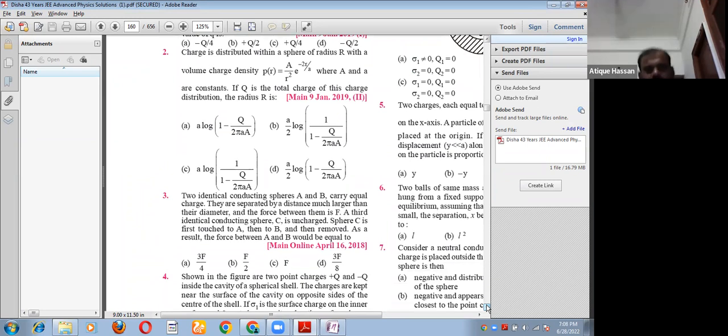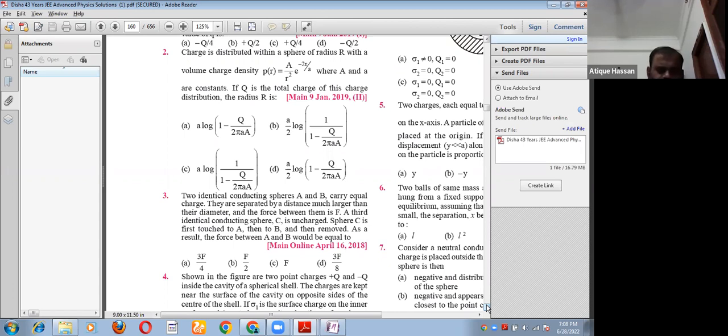Whenever integration or differentiation is used, I will explain it so that you do not forget it. It is not much tough. Math students are going to study it already in 12th class, so it will not be an issue.